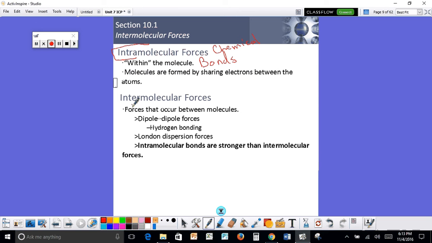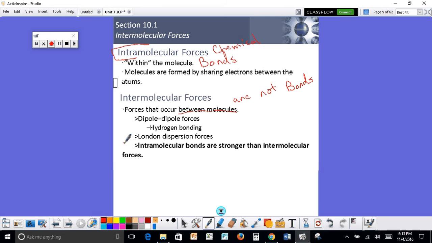All right. Moving on to intermolecular forces, they occur between the molecules. These are not bonds. They are definitely not chemical bonds. These are forces, usually electrostatic forces, due to a positive and negative or temporary positive and negative attraction between certain molecules and certain atoms.